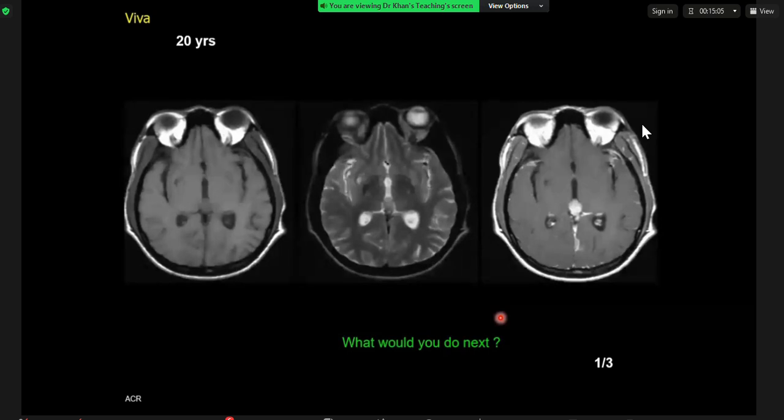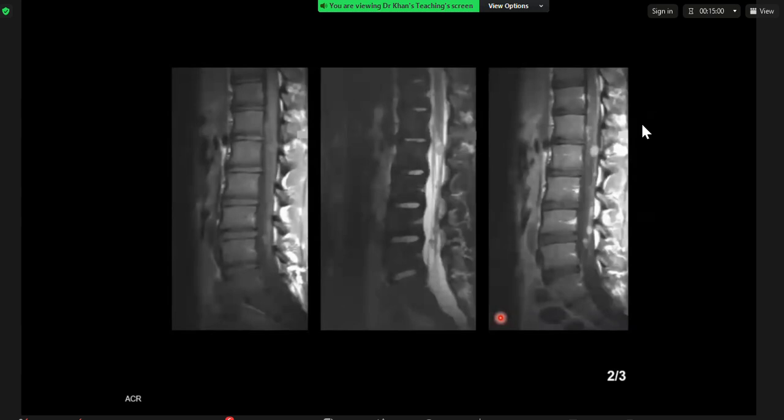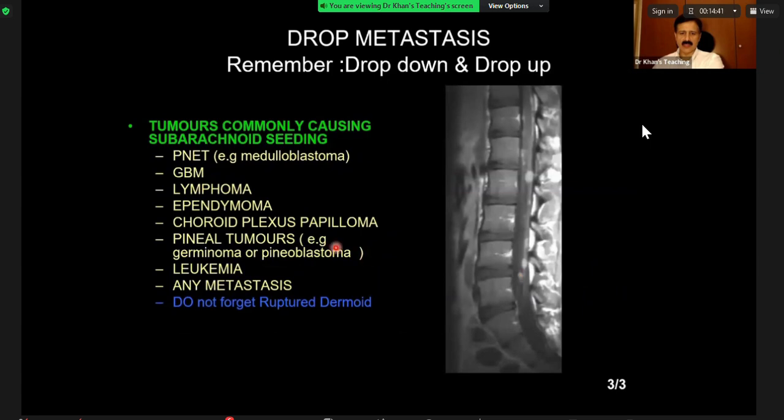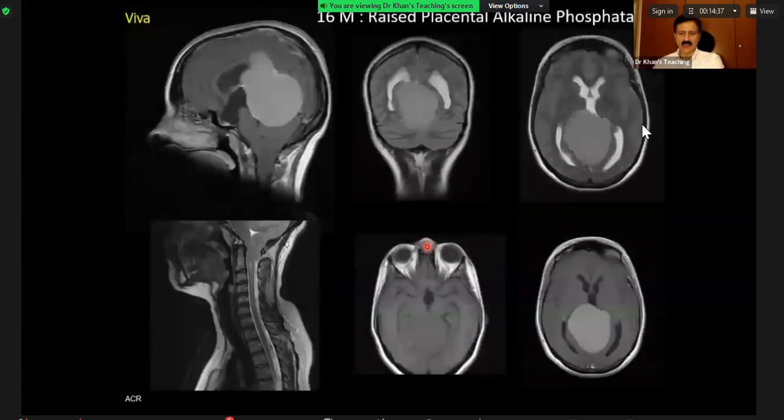So this lesion's already demonstrating metastatic potential, so I'd image the rest of the neural axis looking for drop metastasis. So this is the answer that I will evaluate whole of the neural axis. Please remember germinomas, and in a young age group, pineoblastoma, they will show this drop metastasis. And this is pineal tumor, germinoma or pineoblastoma. It is in that differential.